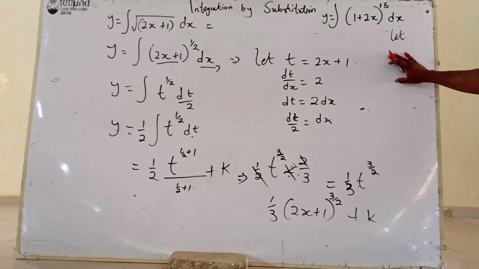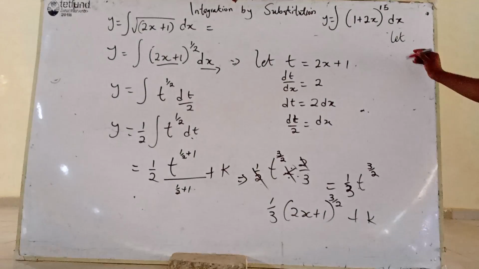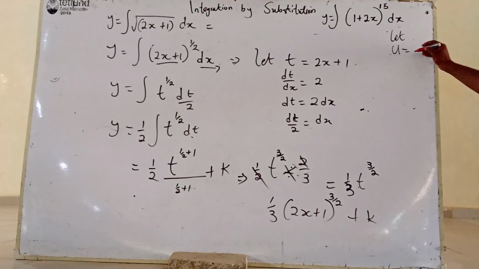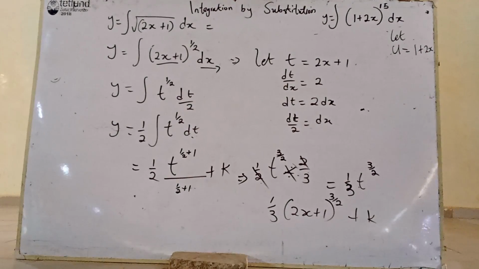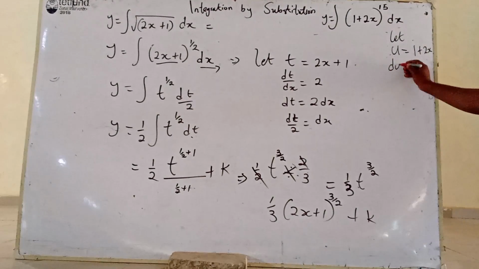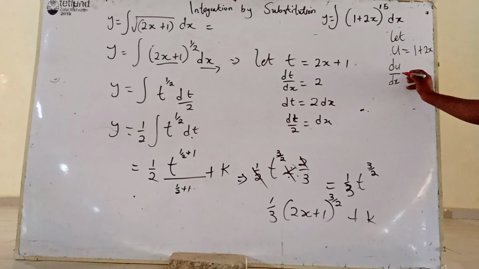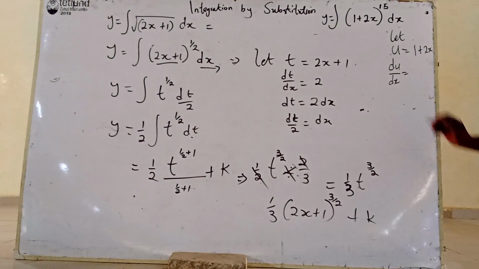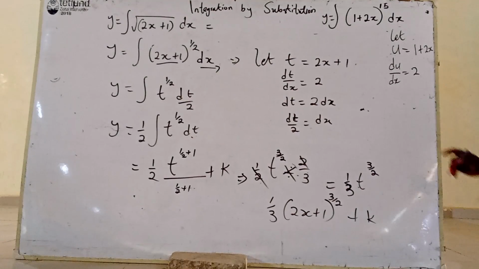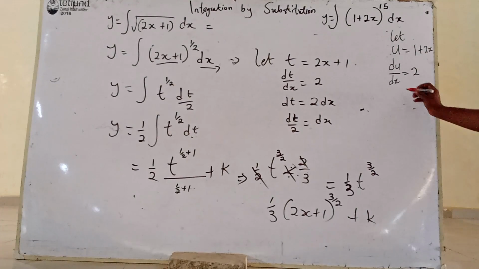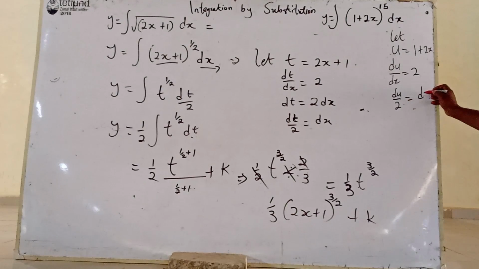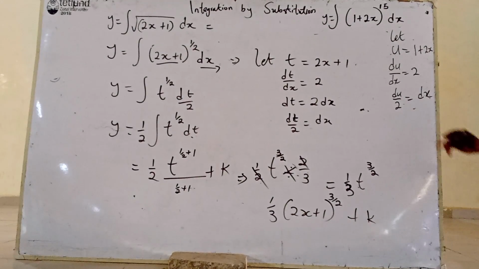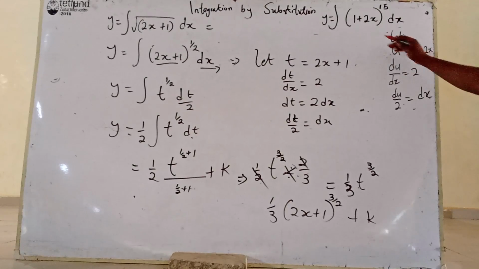Let u be equal to 1 plus 2x. Therefore, du upon dx is equal to 2. So similarly like the previous, du upon 2 is going to be dx. I'm going to take everything here and substitute it back.